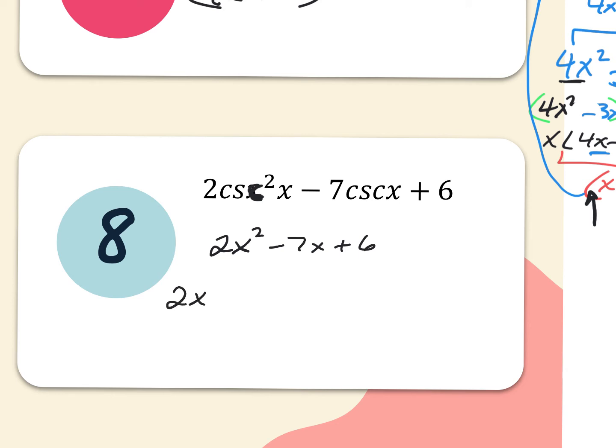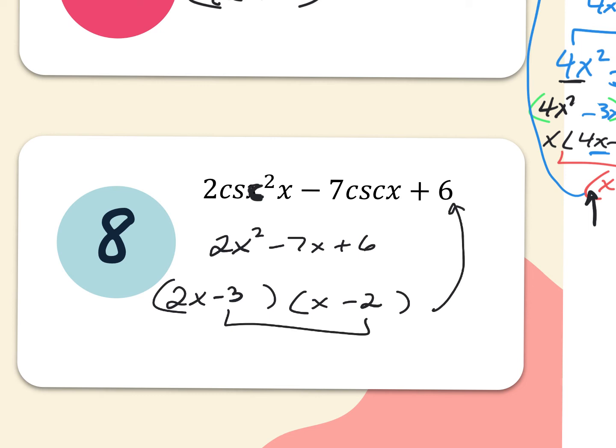Factors of 2 are just going to be 2 and 1. Factors of 6 are either 6 and 1 or 2 and 3. And both signs have to be the same. So it's going to be 2x minus 3 and x minus 2, because they need to multiply to get a positive 6, but add to get negative 7, and it does.